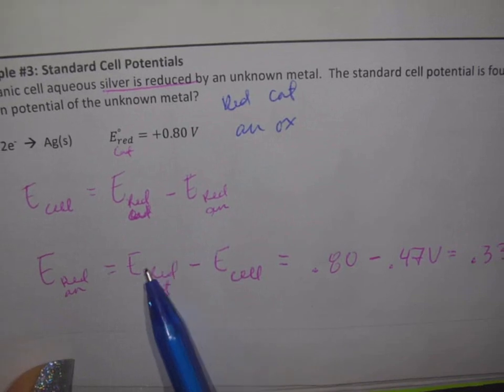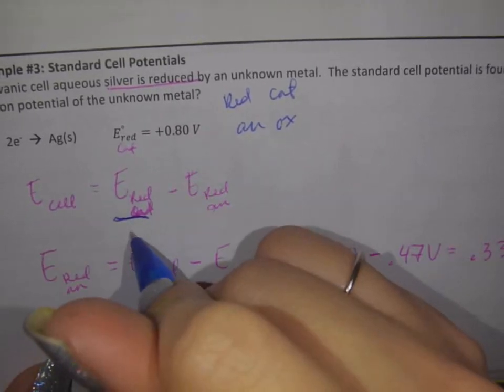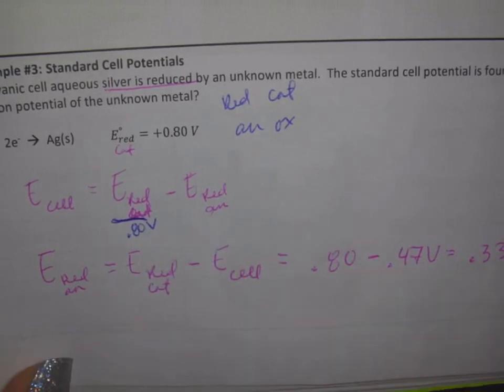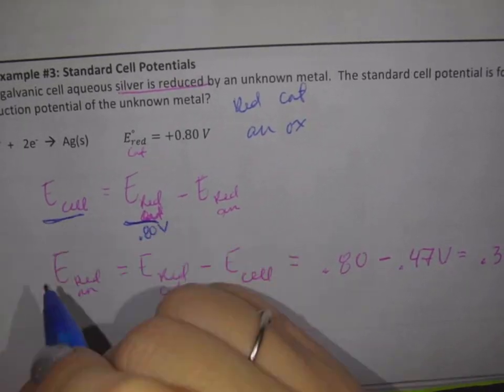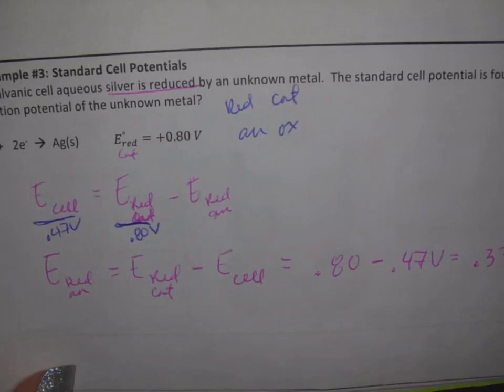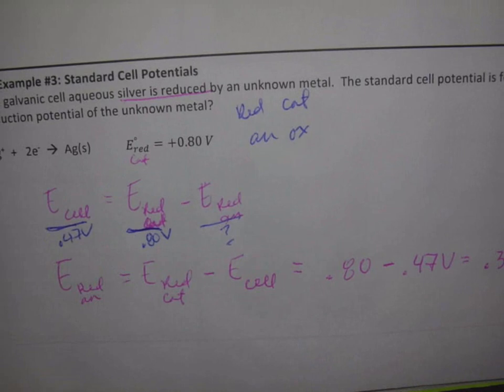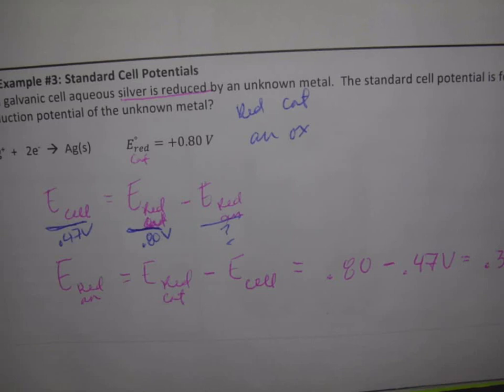And so that's why this is the 0.80 volts. And then it tells us that the cell is 0.47 volts. Okay? And it's like, what's this going to be for the anode? Go ahead, give that a go, rearrange as needed, and then we will solve for that.